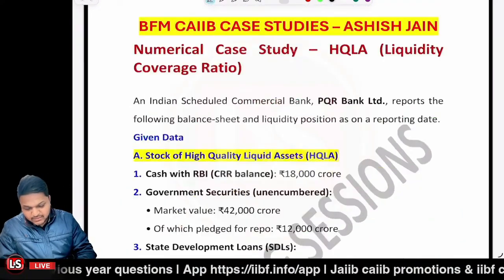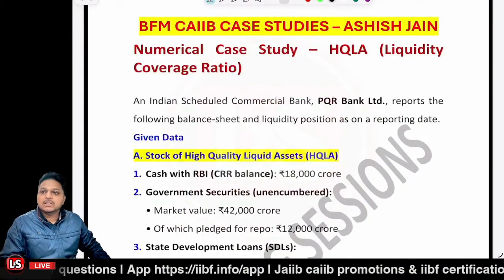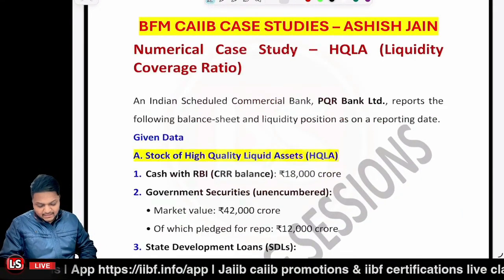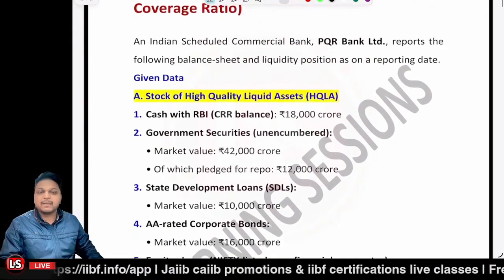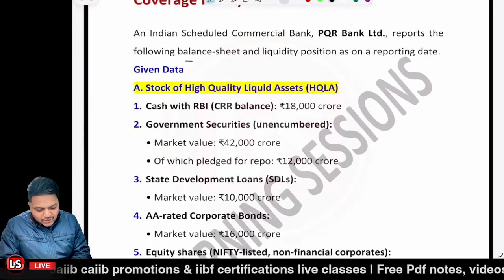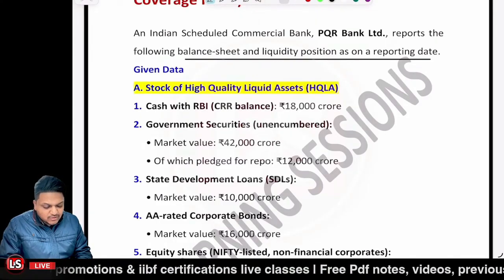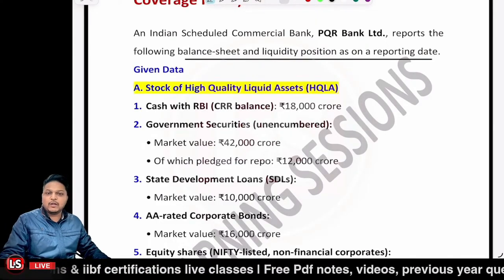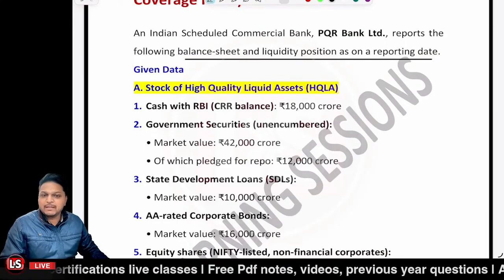Let's come back to the case study now. So it clearly says that an Indian scheduled commercial bank, PQR Limited, reports the following balance sheet and liquidity positions as on the reporting date. So this is related to the balance sheet and the liquidity position.